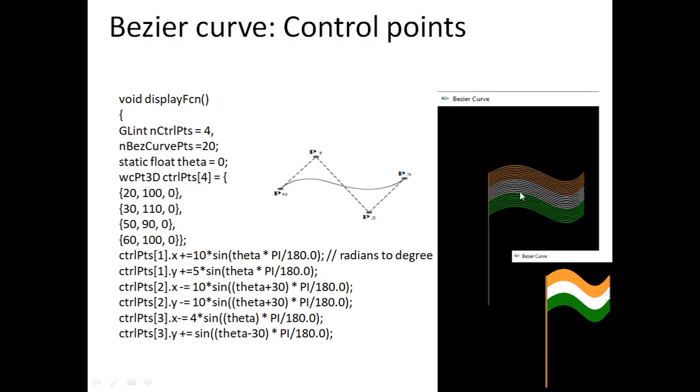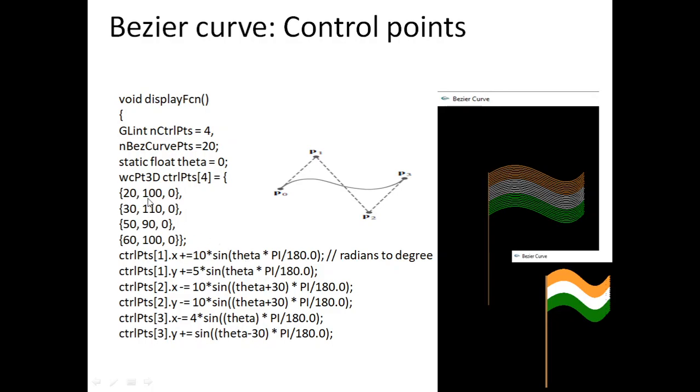For giving a movement, we are multiplying these 3 control points with this sine value, and you can give any value. If you increase this value, you can see more movement in the flag. So the control points will make the curve move from here to here or here to here. By changing this value, you check the program.